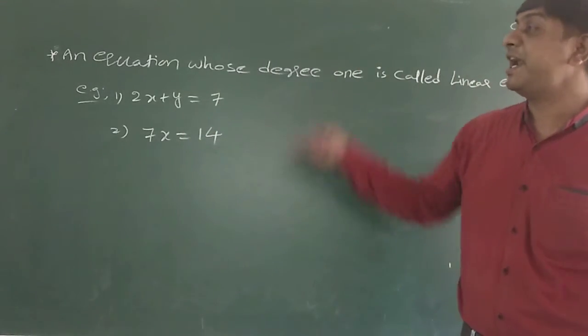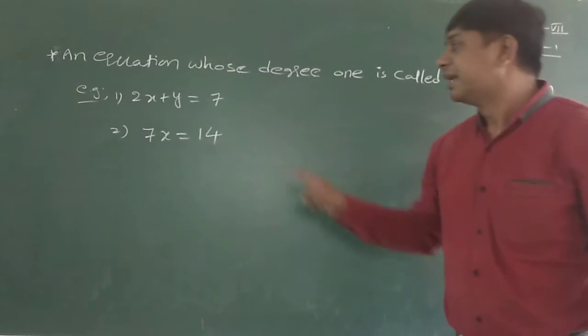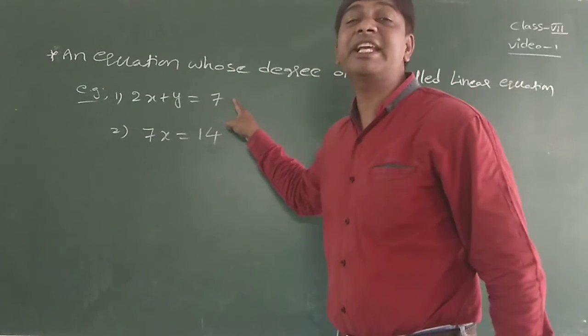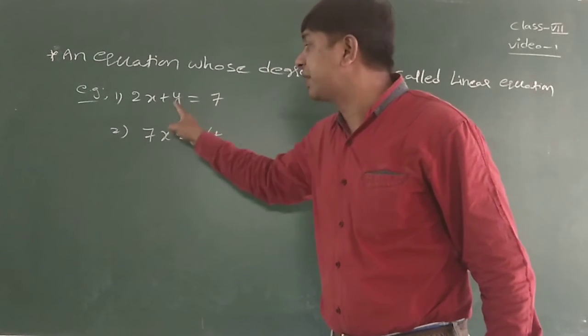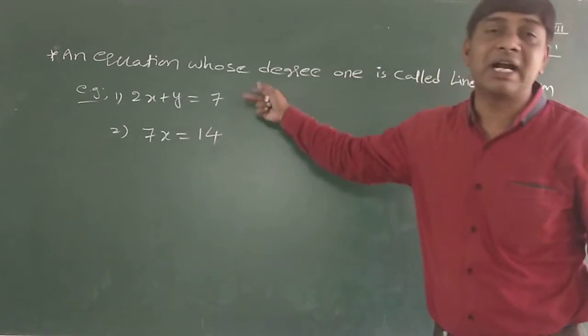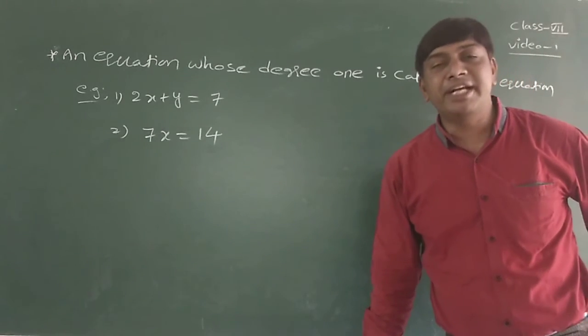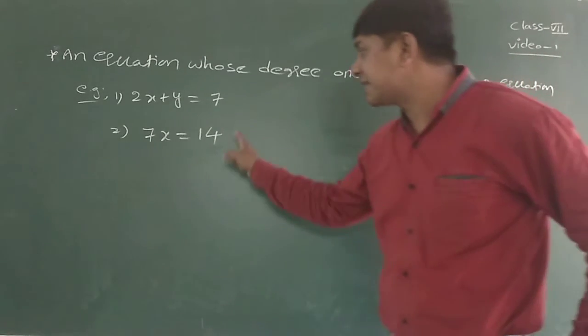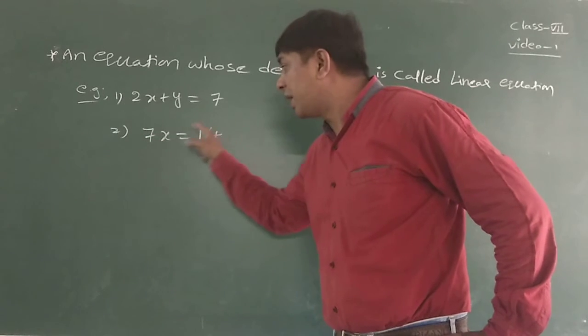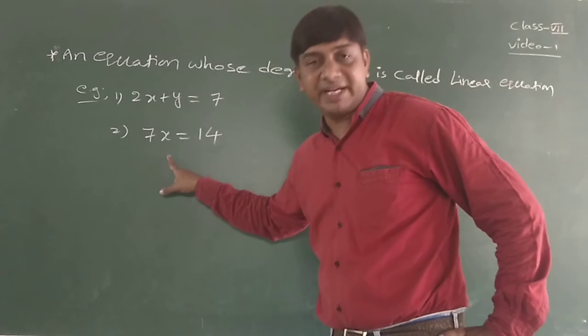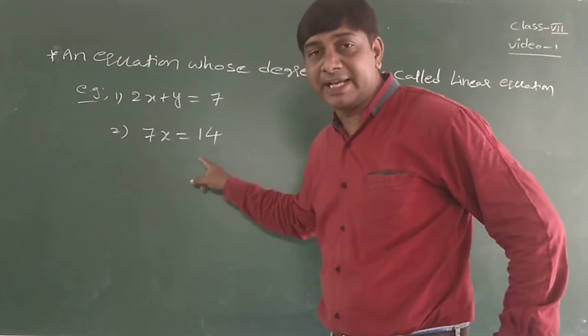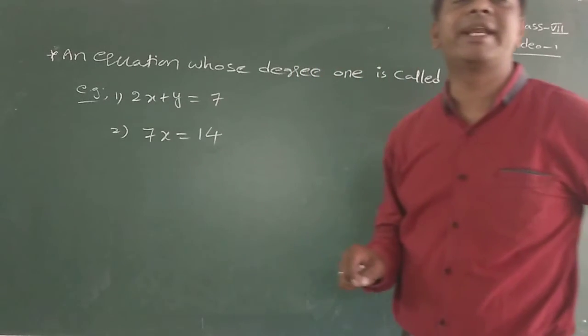Okay. So in these linear equations, this is a linear equation in two variables. Here I used two different variables. So this is called a linear equation in two variables. Whereas this one is also a linear equation, but here I used only one variable. So this is called a linear equation in one variable.